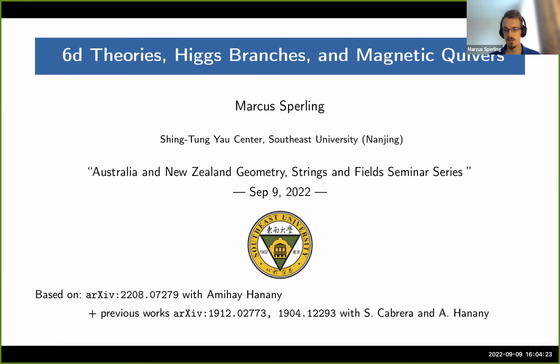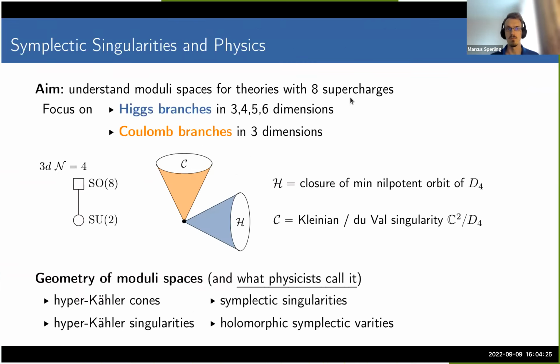So first of all, the things that I'm looking at are moduli spaces of supersymmetric vacua of field theories in diverse dimensions. And here we know that the geometry of the moduli space of these vacua depends strongly on the amount of supersymmetry that we have.